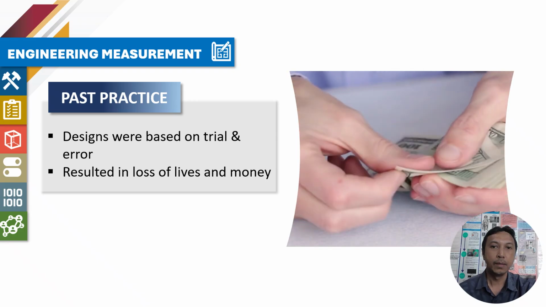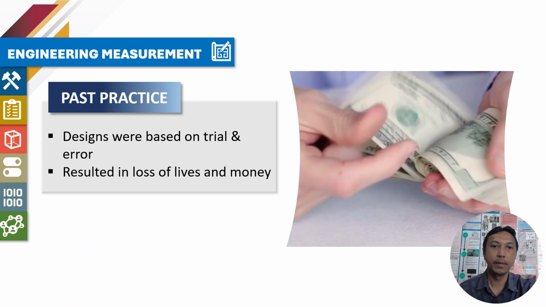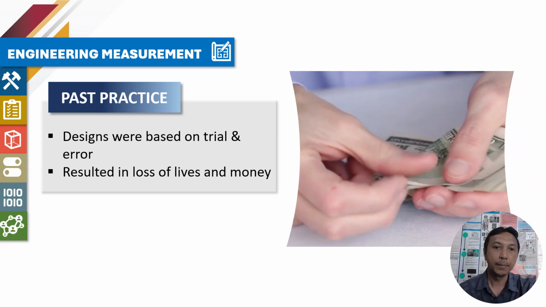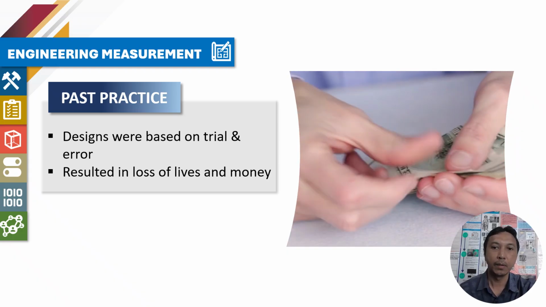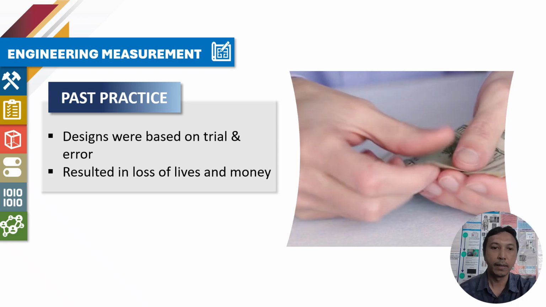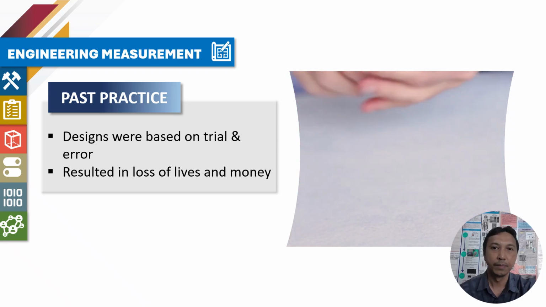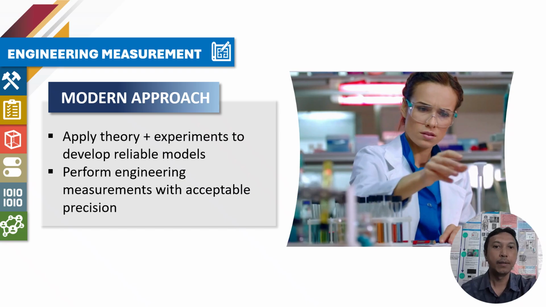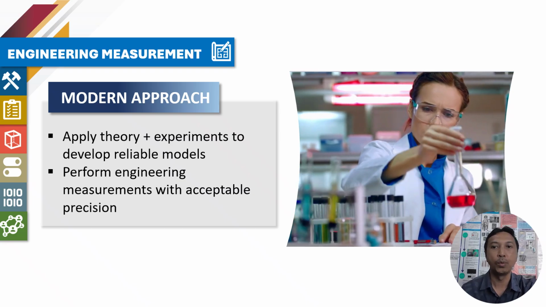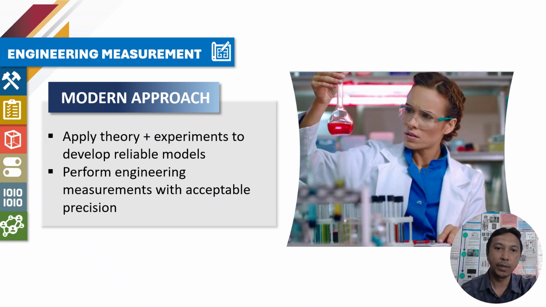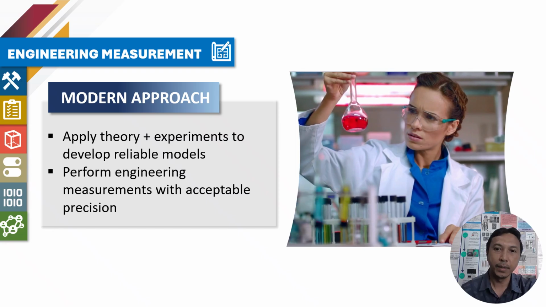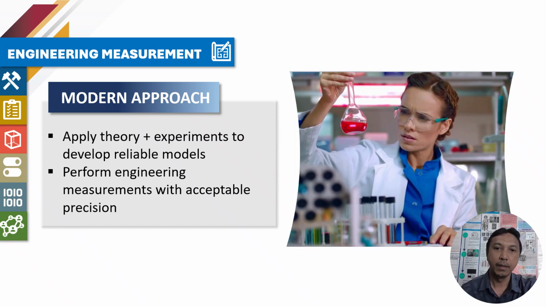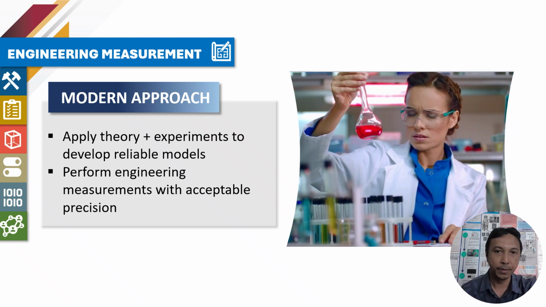Past engineers often designed systems by trial and error, which sometimes caused serious losses in both life and costs. Today, we use a modern approach by combining theory with experiments to create reliable models and ensure precise measurement.